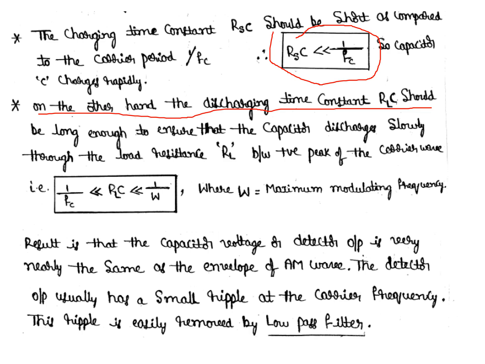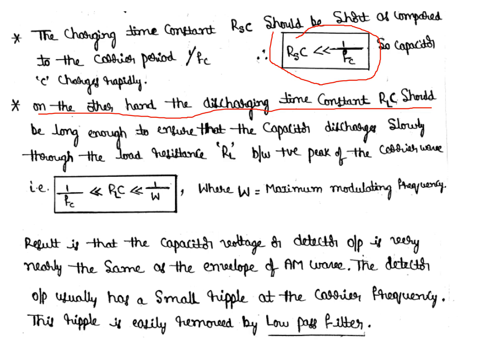what the envelope of the modulated signal is. The discharging time constant RLC should be long enough to ensure that the capacitor discharges slowly through the load resistance RL between the positive peaks of the carrier wave. So we choose RLC to be less than 1 by omega but greater than 1 by Fc, where omega is the maximum modulating frequency.